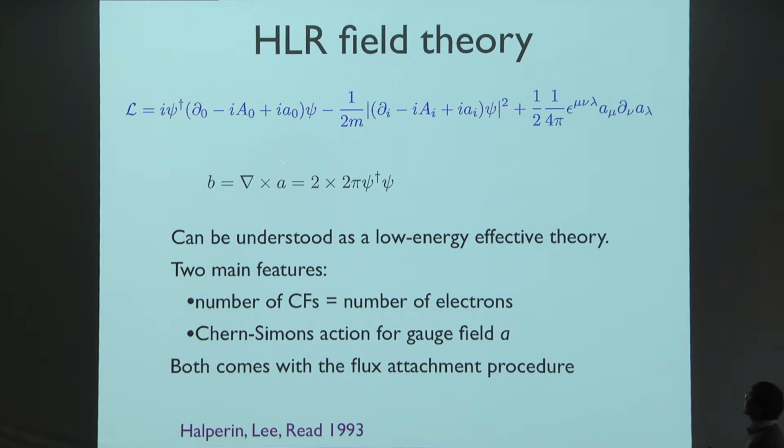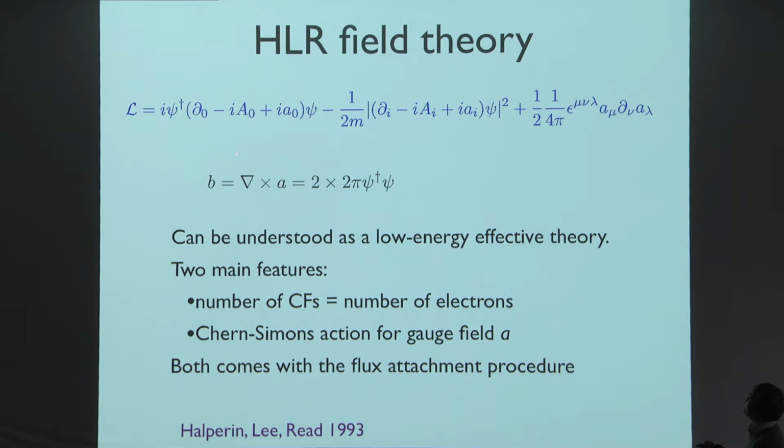In the language of the Lagrangian, the coupling of the external A mu field to the composite fermion is the same as the coupling of the A mu field with the electrons. So the current, for example the charge density, would still be equal to psi dagger times psi. Another feature of the HLR, Halperin, Lee, and Reed theory is that there is a Chern-Simons action for the gauge field a. That comes from the procedure of flux attachment.